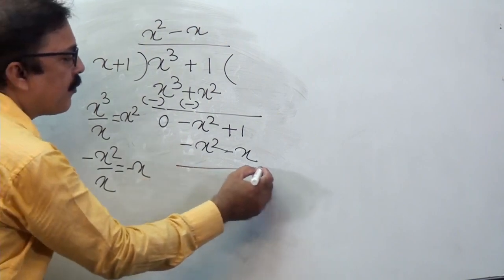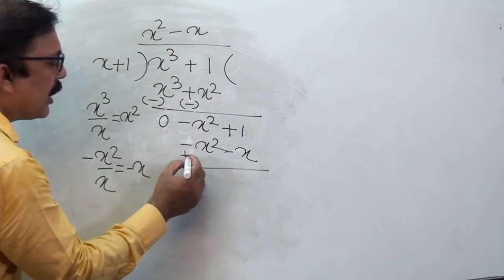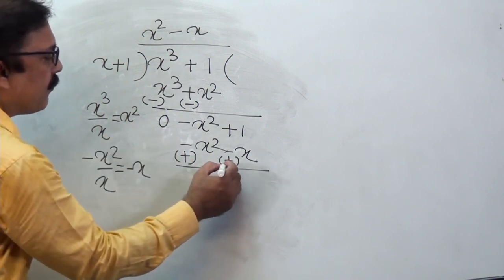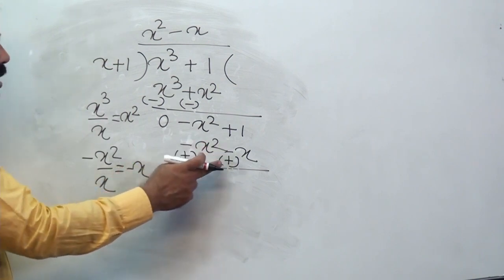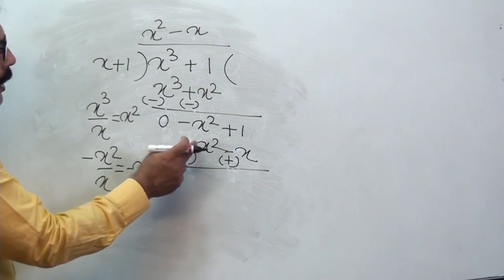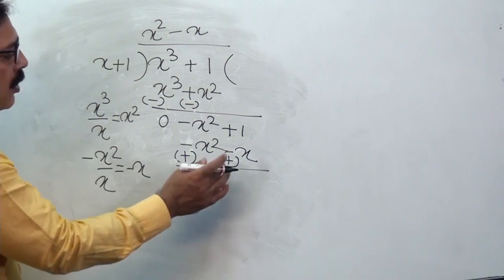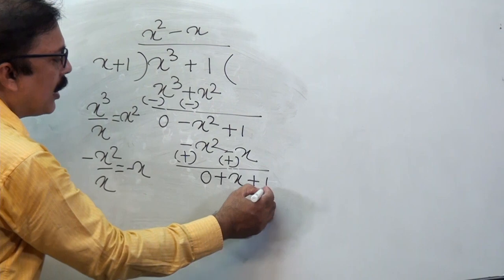Now again we have to subtract it. If we subtract, then change the sign. That is, minus sign becomes plus sign here, and here also minus sign becomes plus. Now we have minus x square plus x square, that is 0, and plus x plus 1.